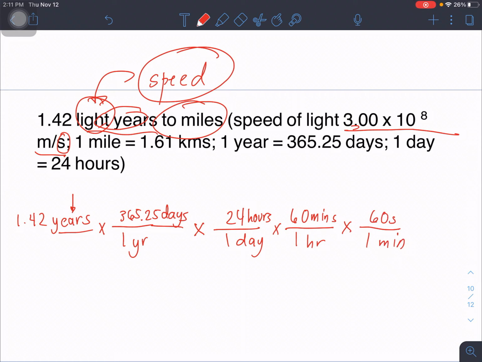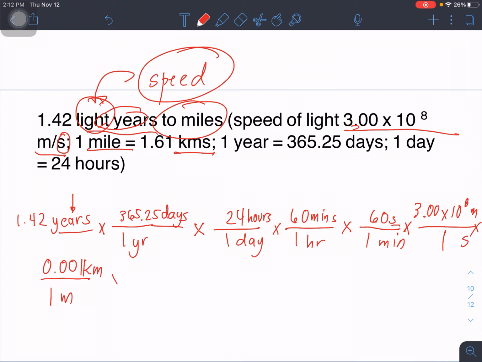Now we have seconds here, so multiply by the speed of light: 1 second is 3 times 10 raised to 8 meters. Since I have meters here and I would like to convert to miles, I should first convert meters to kilometers. So 1 meter is 0.001 kilometer, and 1.61 kilometers is to 1 mile.